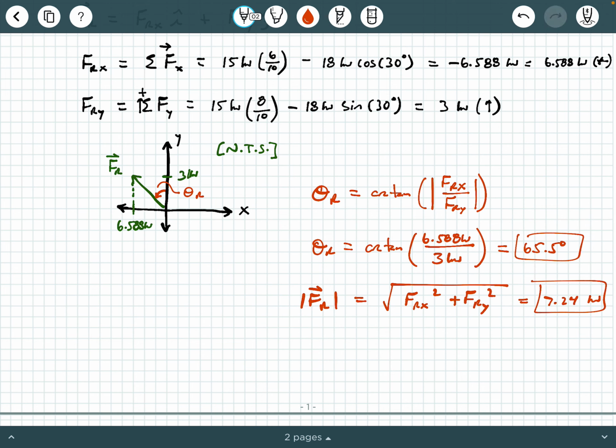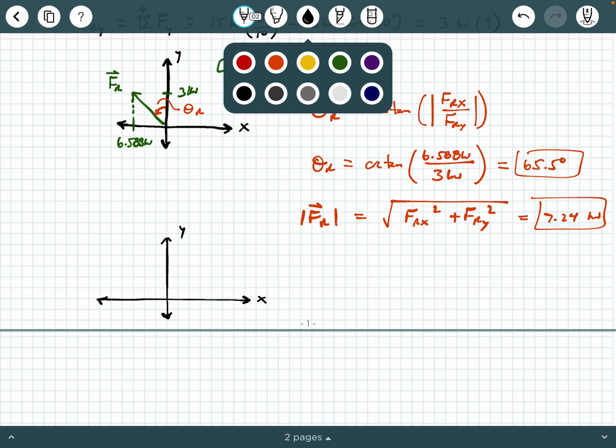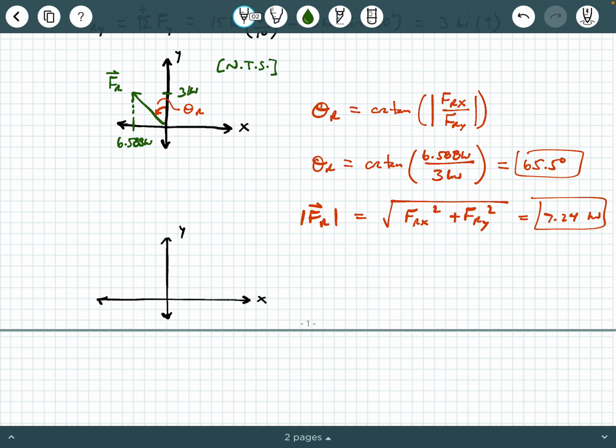Now, if I wanted to draw this a little bit better, a little bit more to scale, I could draw this out here.